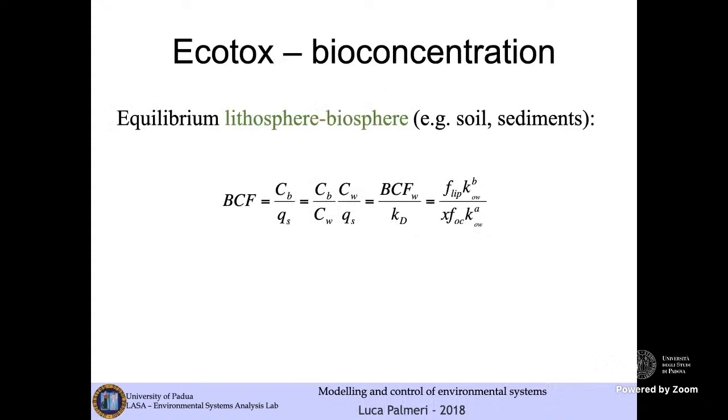The model that describes the bioconcentration factor for biota interacting with the lithosphere is simply 1.01 or 1 times the ratio between the lipid fraction and the organic carbon content of the solid.